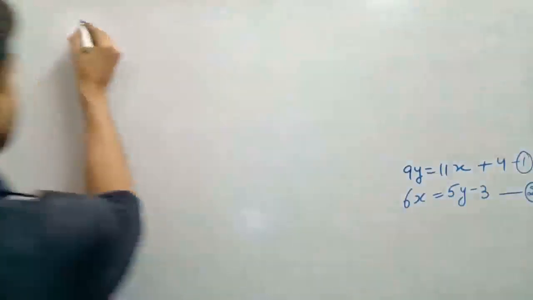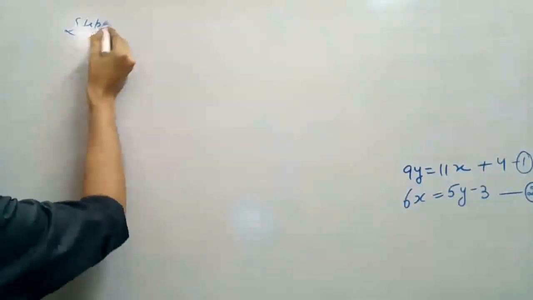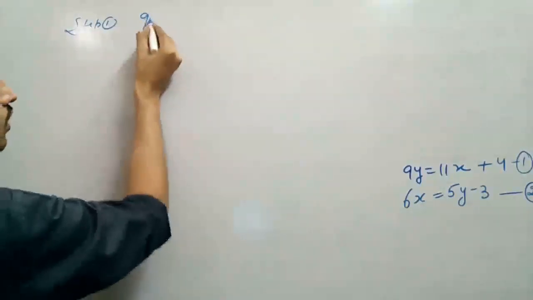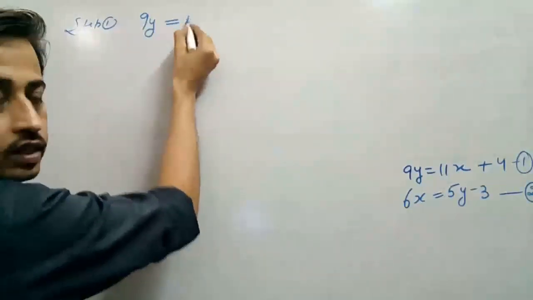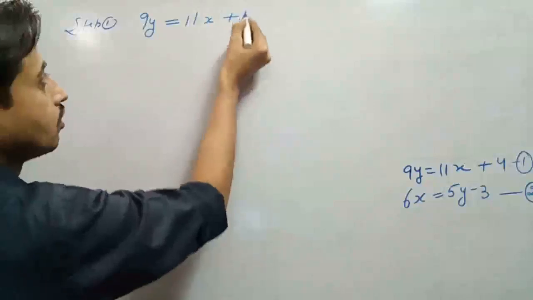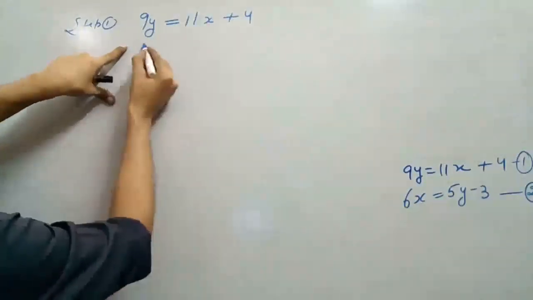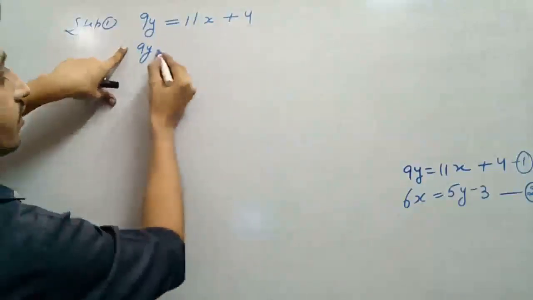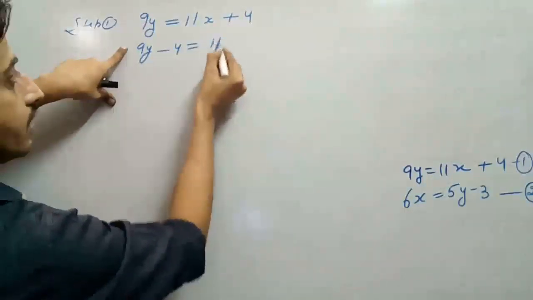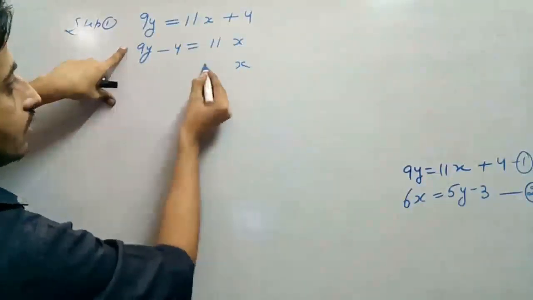Step 1 is what? The first equation is 9y is equal to 11x plus 4. I am going to calculate the value of x. That's why I have to take this 4 to the left hand side. It becomes minus 4. Now what will be the value of x?